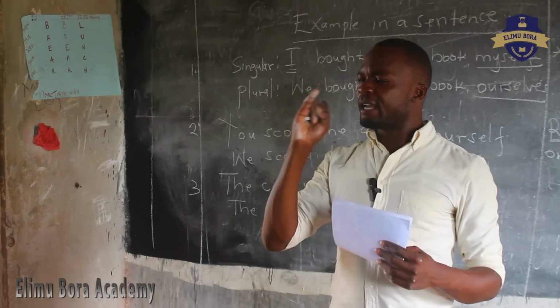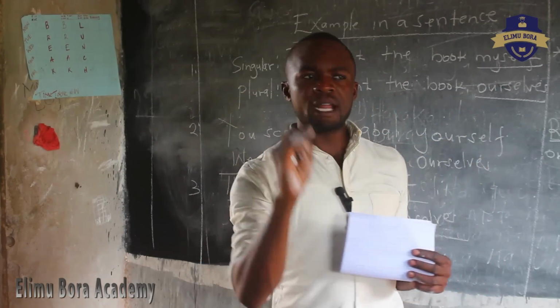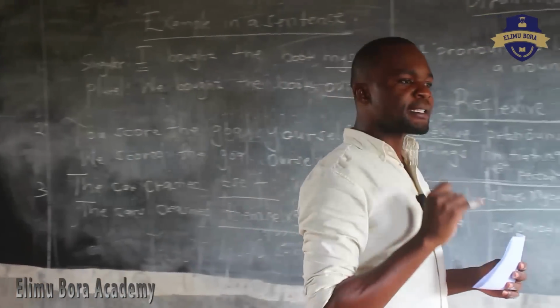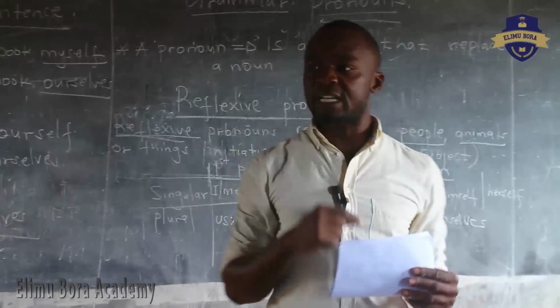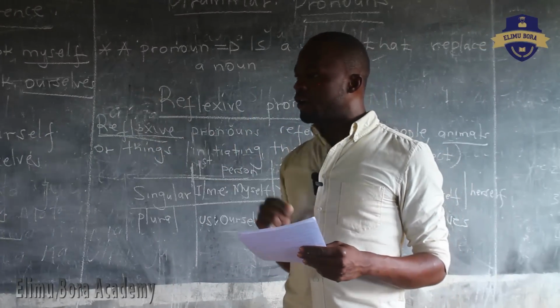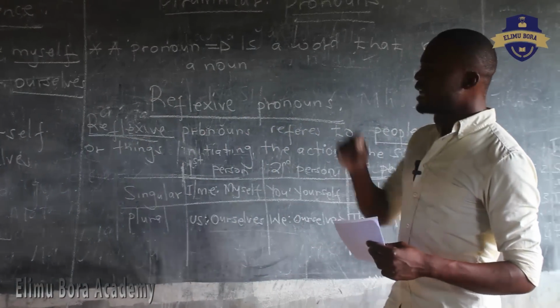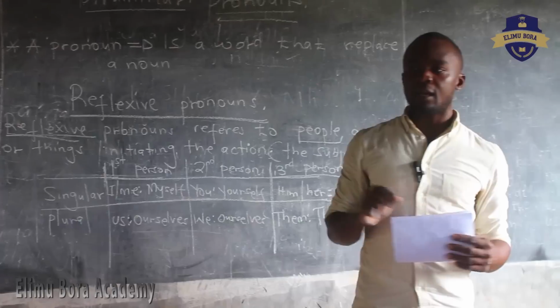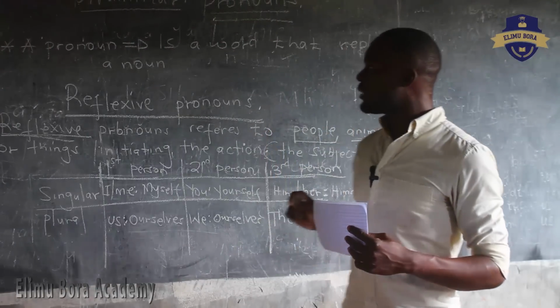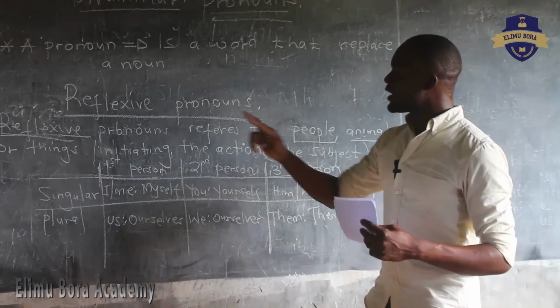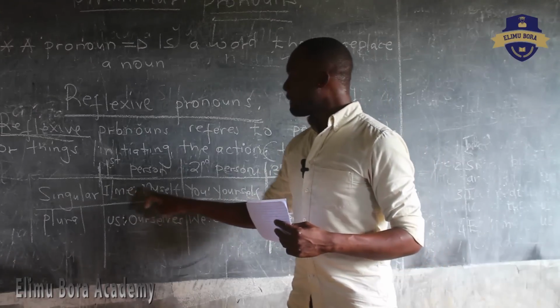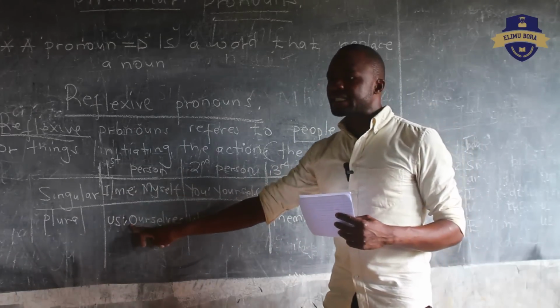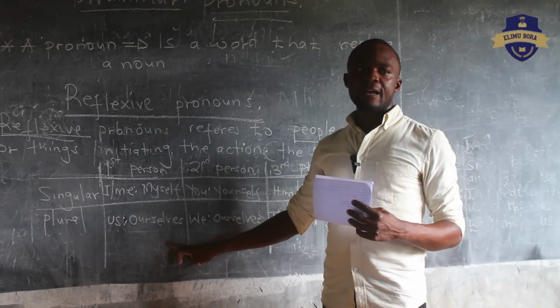So I want us to look at the board and analyze something. We said that a reflexive pronoun is a pronoun which refers or reflects to the subject who is doing the action. These reflexive pronouns take the form of singular and plural. If it is the first person, me, myself. Us, ourselves. Are we together?